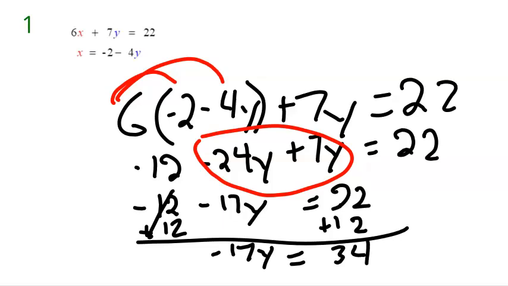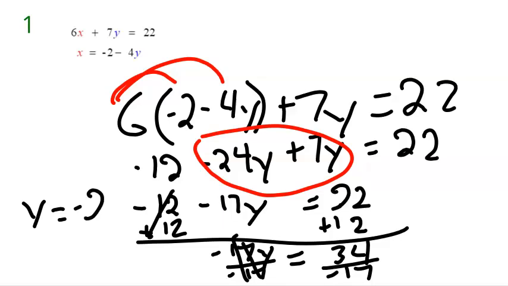I'm almost out of room here, but if we divide by negative 17, those will cross off and we'll have y is equal to, well, 34 divided by 17 is 2, so 34 divided by negative 17 is negative 2. So that's part of our answer. We're going to have y is equal to negative 2.